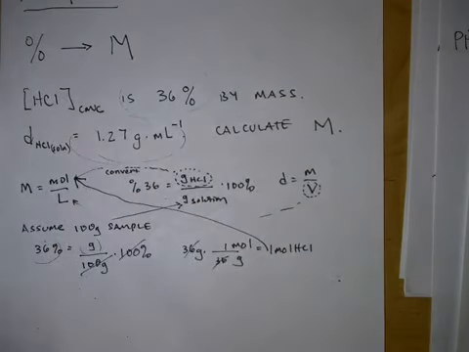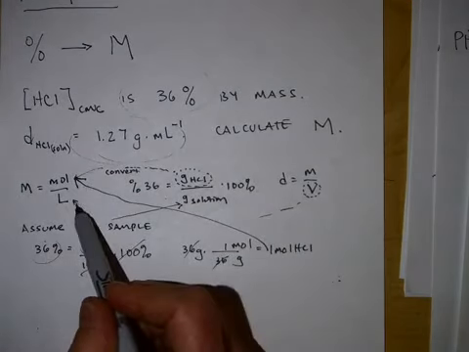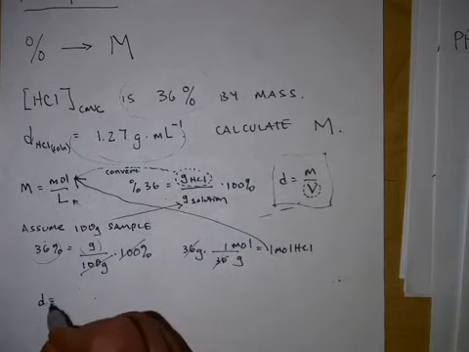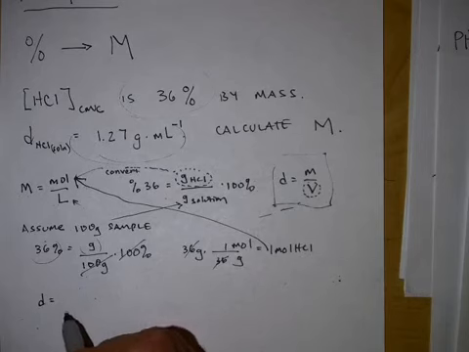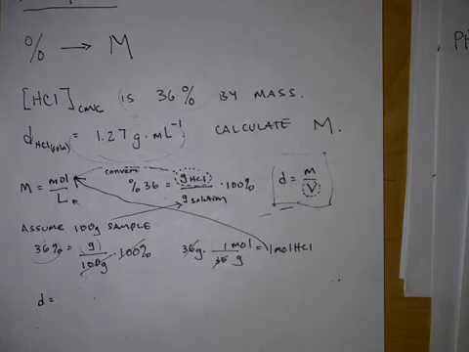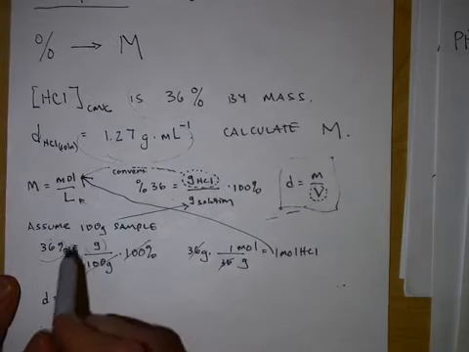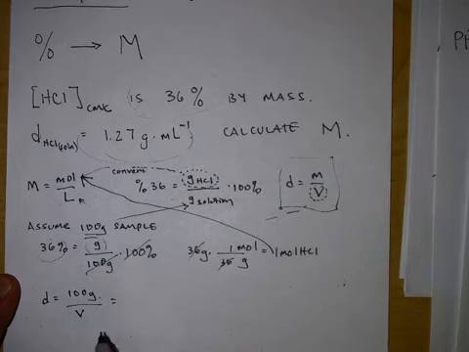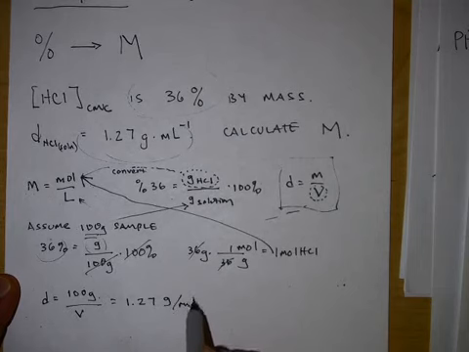I know the moles. Second of all, I got to find my liters of solution, and I use my density to find that. Density is equal to mass divided by volume, and the mass of my solution I just assumed. I assume that I have a 100-gram sample. My volume of my solution I need to know, and in the question it tells me that the density of the solution is 1.27 grams per milliliter.